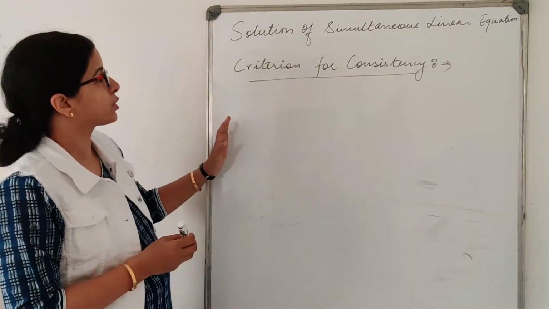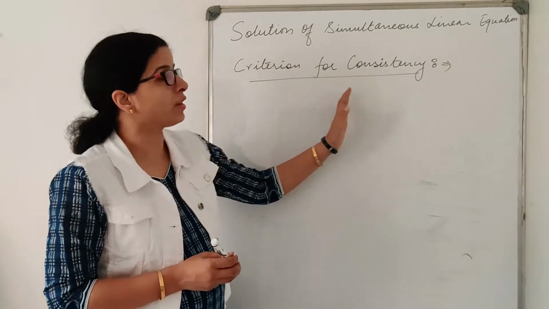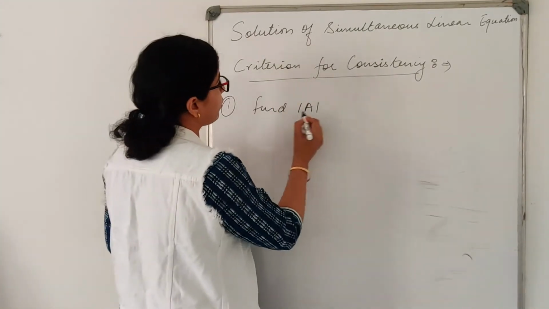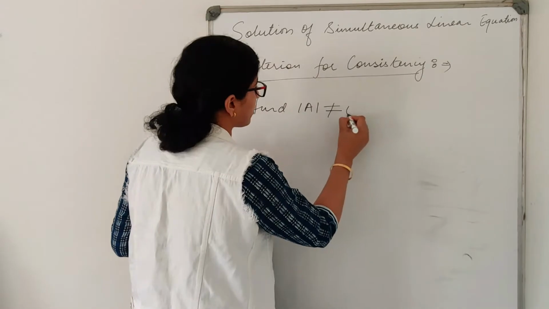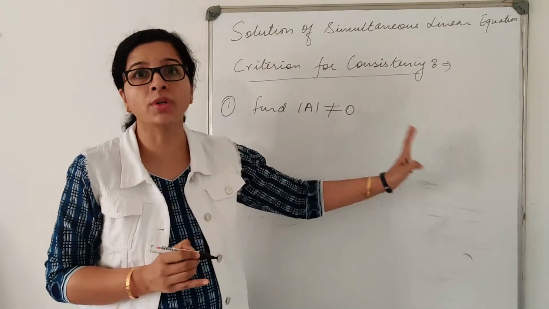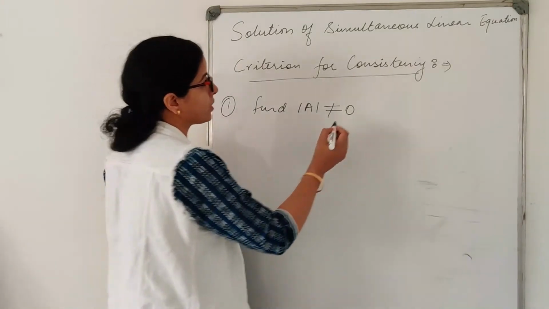Now I will explain what the criteria for consistency are. First we find determinant A, and if determinant A is not equal to 0, then our equations have a unique solution. And how to find the unique solution?